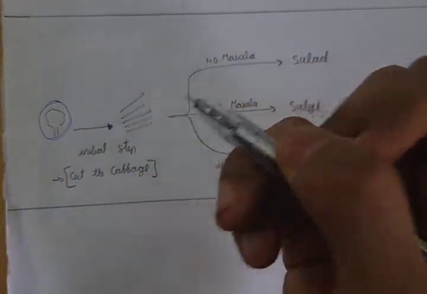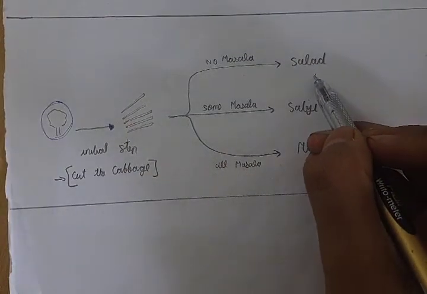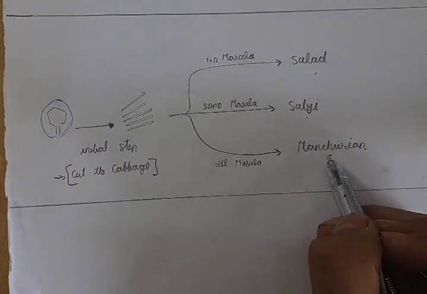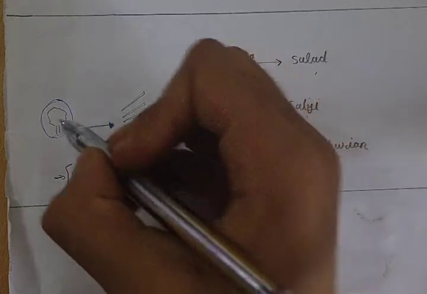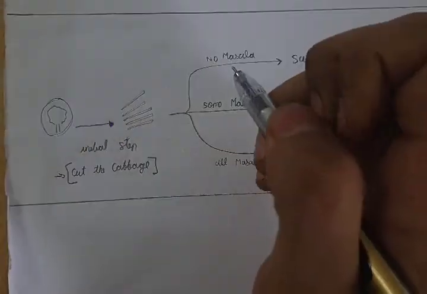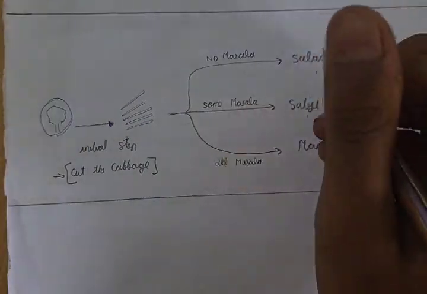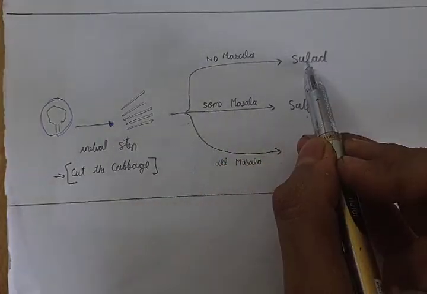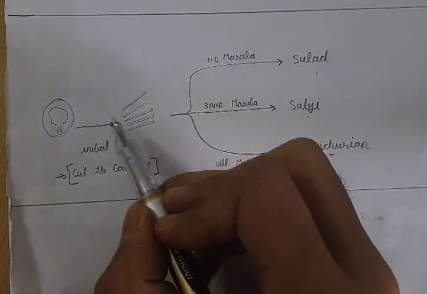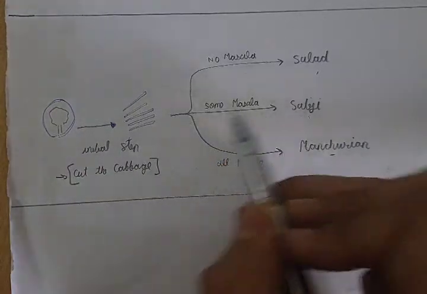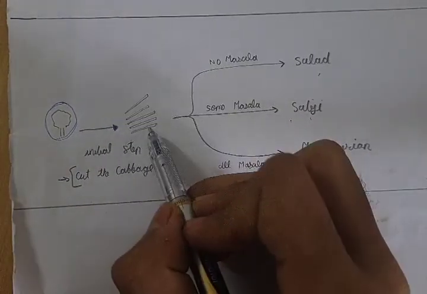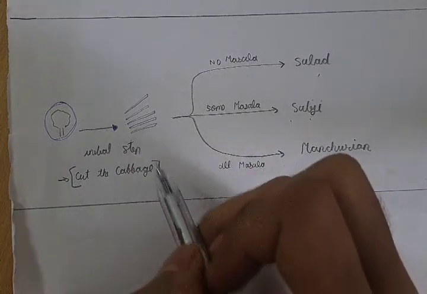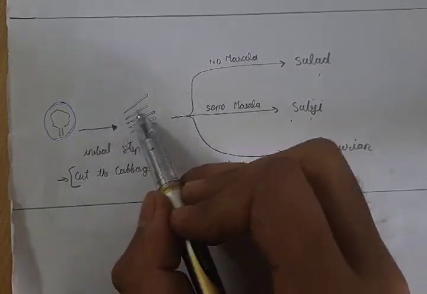If you want to make anything, whether salad, sabji, or even Manchurian, you know what Manchurian is? It is a dish made from cabbage. It's very tasty. If you want to make any of these, the first step is the same. Even for salad you need to cut the cabbage into pieces. Even for sabji you have to cut it first. Even for Manchurian, you have to cut it. So the first step you and your brother did is cut it.